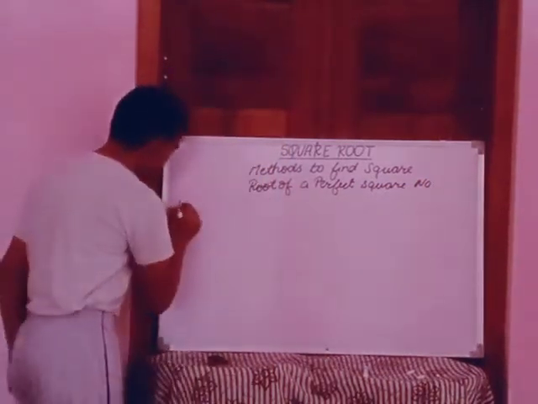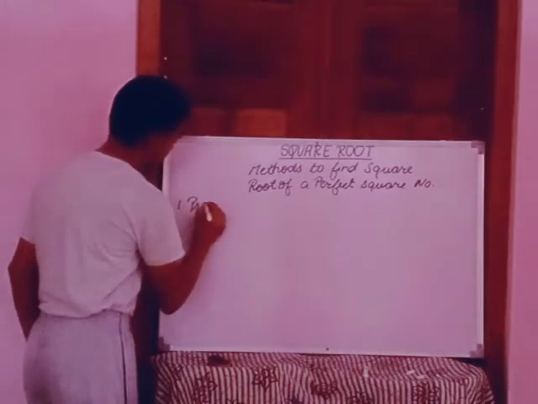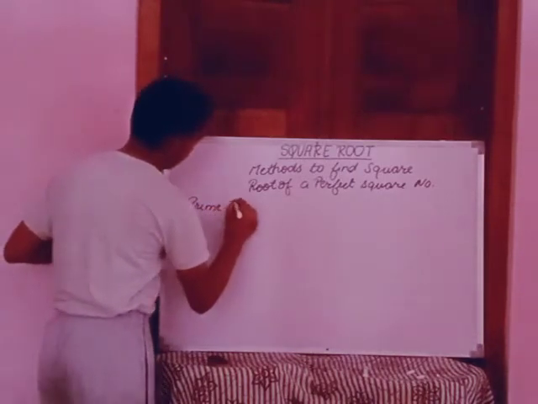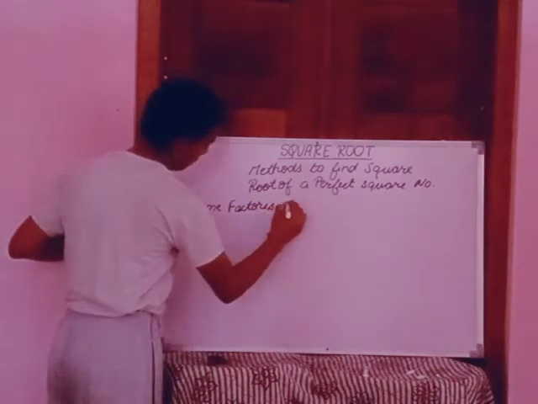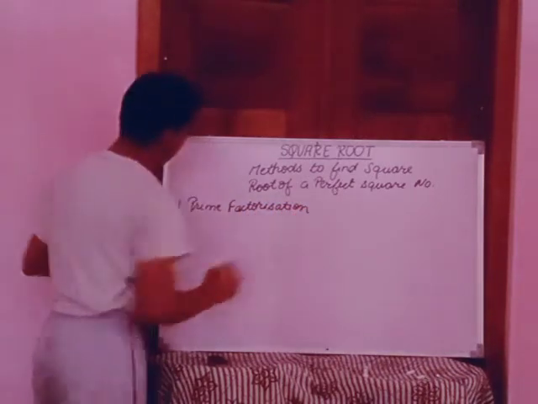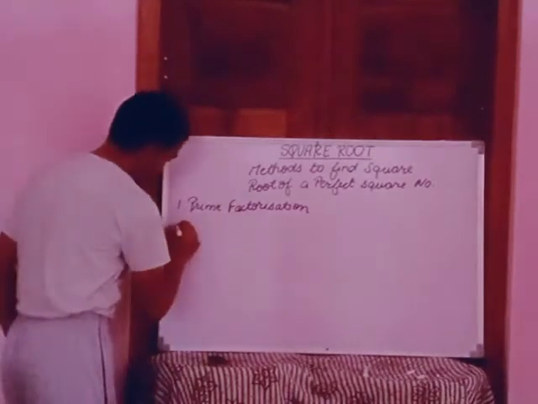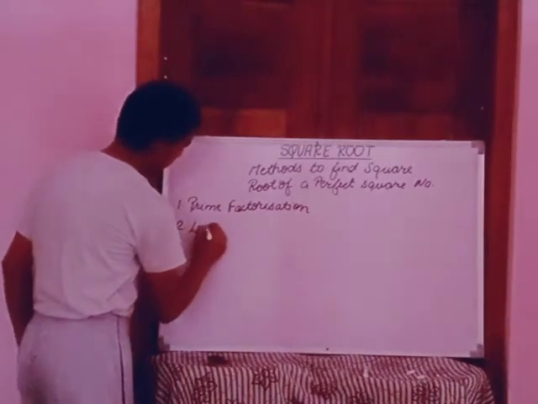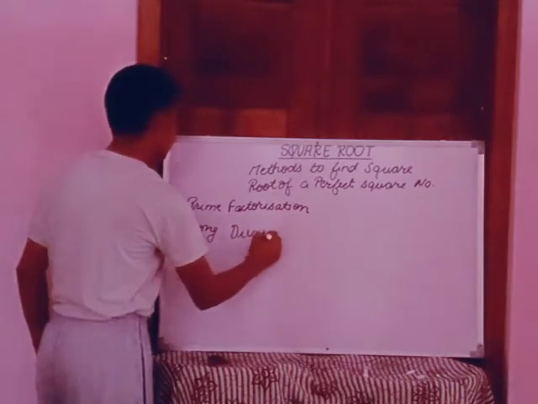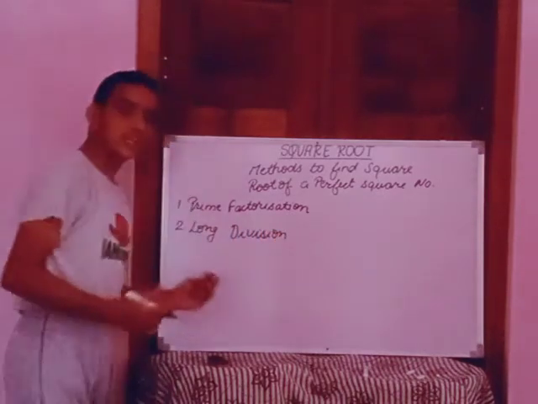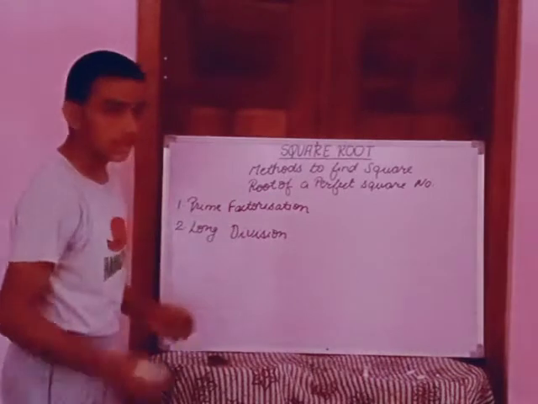First is the prime factorization method. Second is the long division method. Now let's understand both of them by an example.